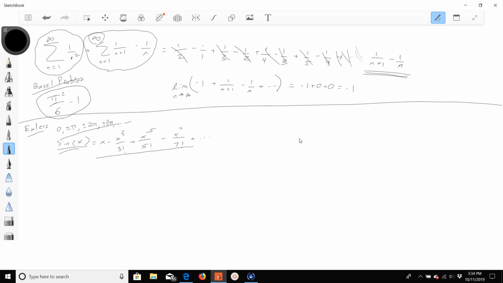So he basically claims that this is going to be equal to x, because you get the 0 here. What makes x 0? Well, x equals 0.